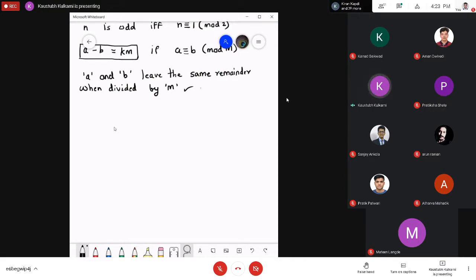So suppose you have a number A and you have to divide it by another number M, and these are the numbers with you. A and M are the numbers with you. They're integers, in fact, and M is positive.